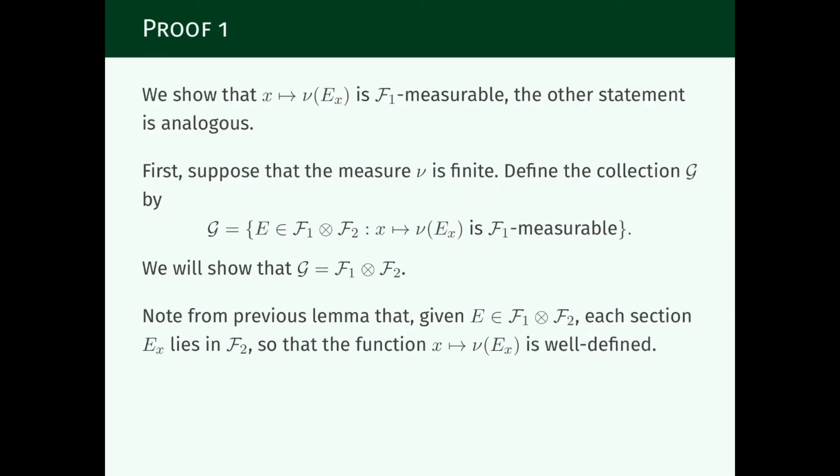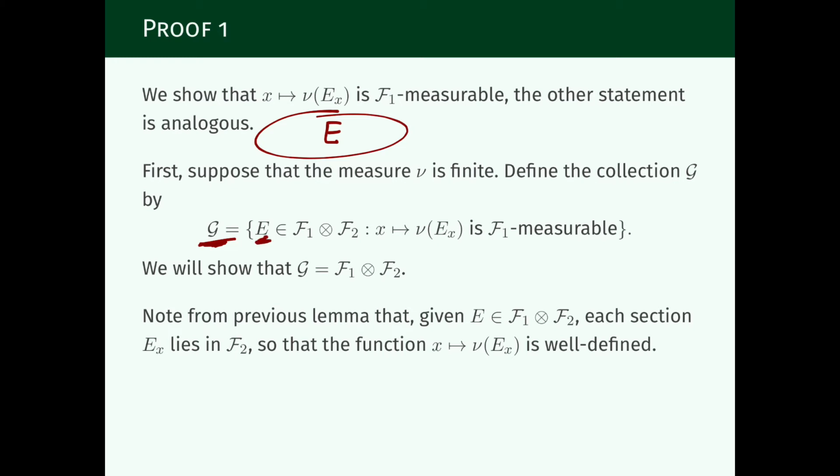And to prove this, we're going to use this trick that is becoming more and more frequent. We made a statement that depended on a set E. So we had a set E that was fixed. And what we're going to do is consider the whole family G of sets E for which the statement of the lemma holds.